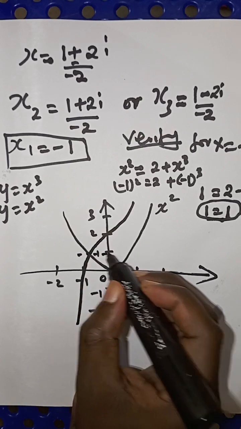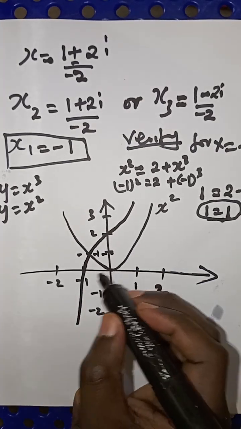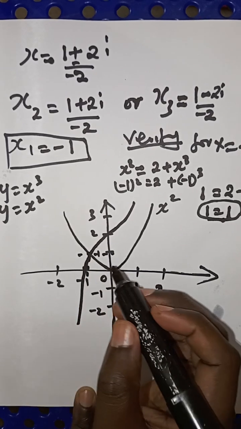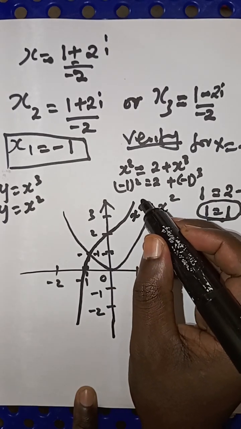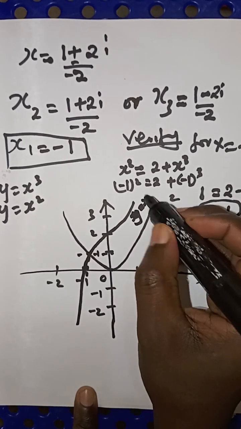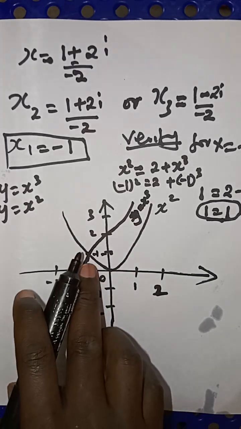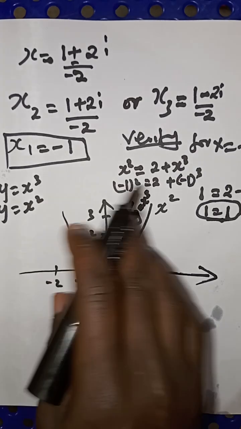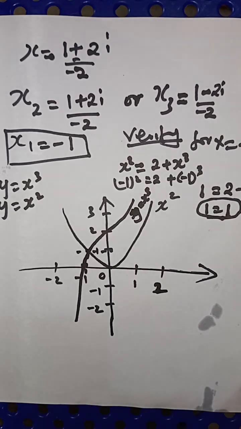So realize they're intersecting at that particular point, x equals negative 1, for the curve y equals x cubed. That is how the curve behaves. They're intersecting at that particular point, and other complex numbers.